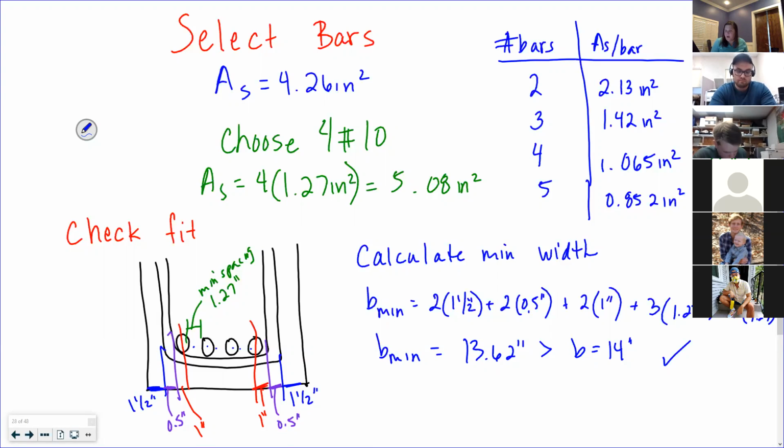So now you have the whole thing designed. We could try those breakout rooms again. Y'all could just calculate the phi Mn. See if I can do that.